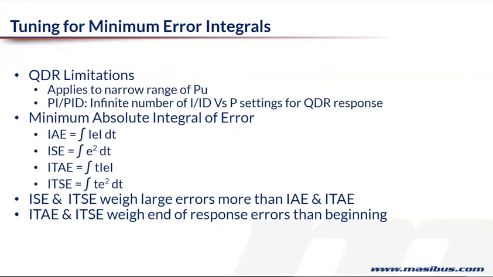The second one is integral square of the error. So you are not just integrating the error, but you are integrating the square of the error. The third is, you give a time weightage to the absolute error, so you integrate a time weighted thing. And the fourth is you give a time weightage to the square of the error and integrate it.